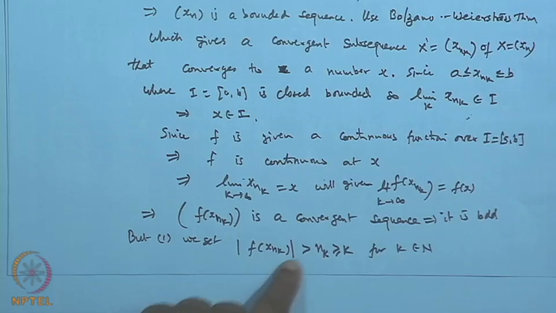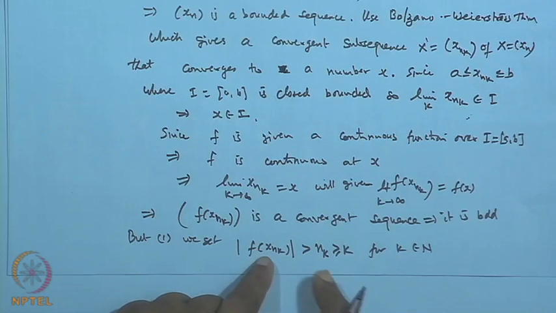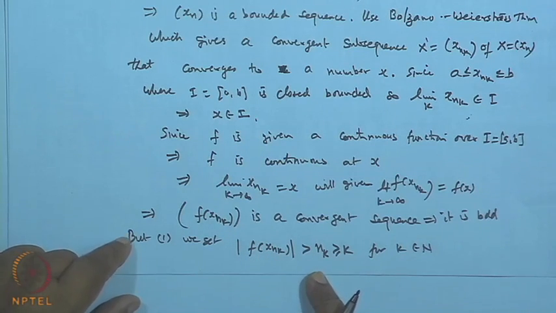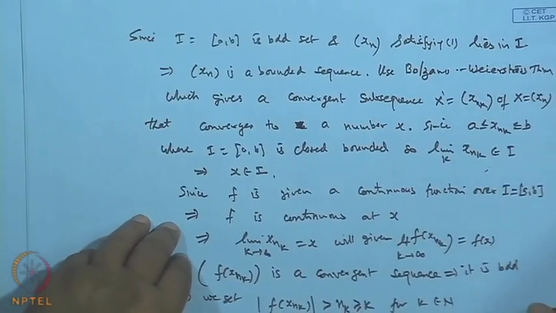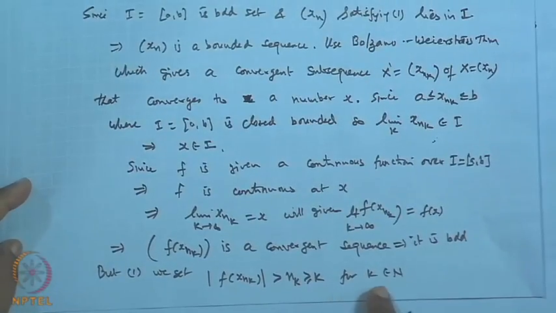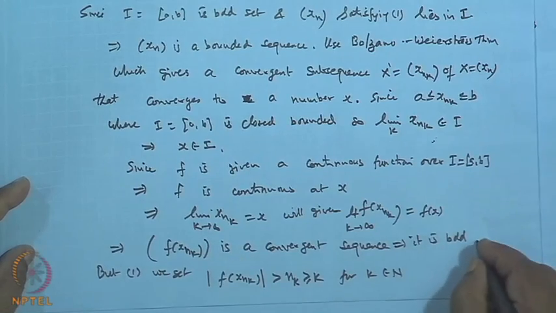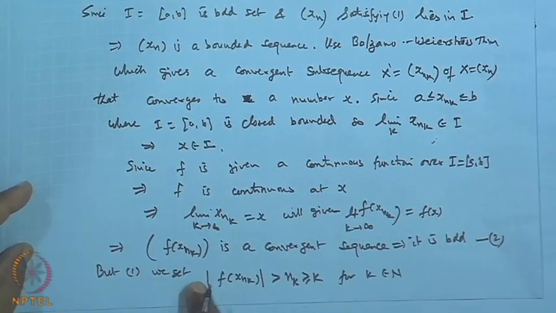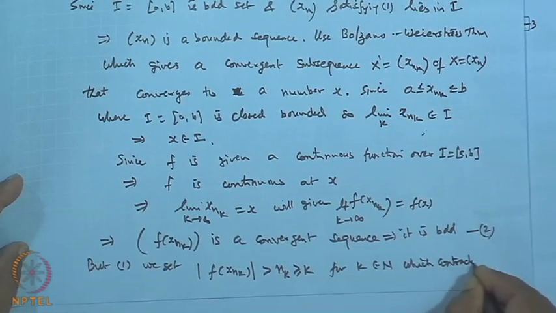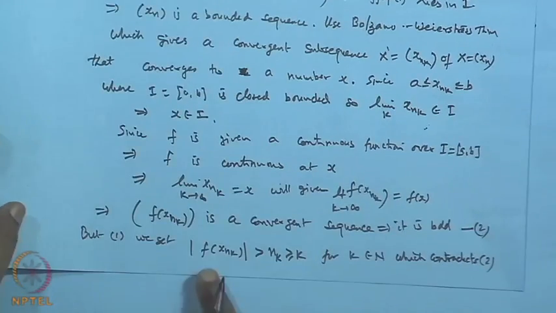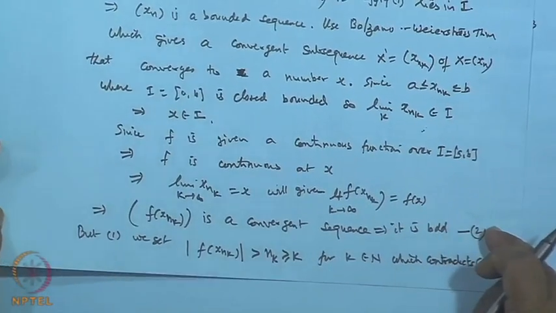So, this continuous function is not bounded on the closed bounded interval. So, the supposition that the function is not bounded gives a contradiction. This contradicts 2, because this shows it is unbounded, where we have already shown it is bounded.